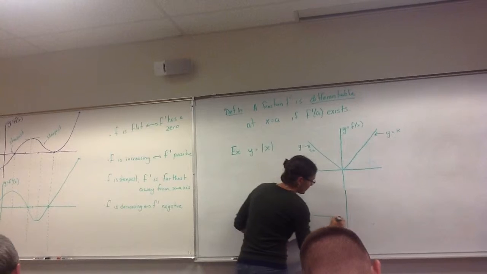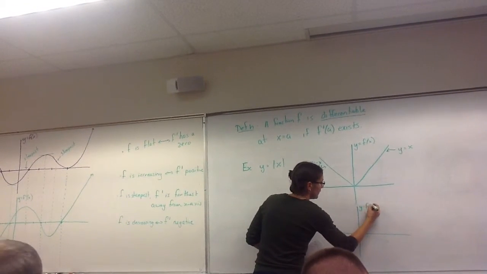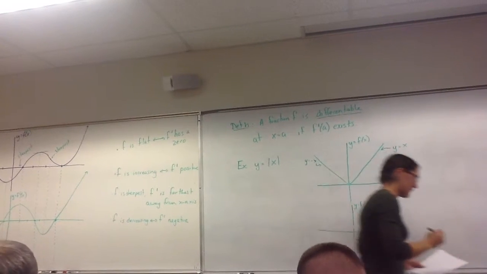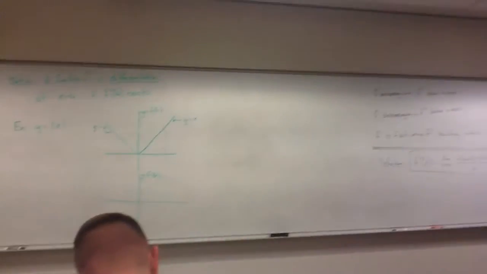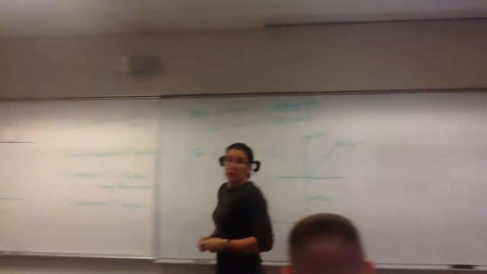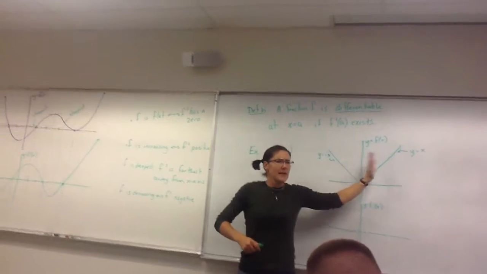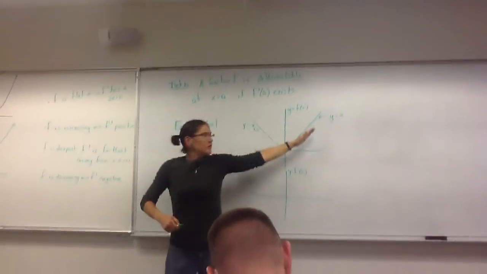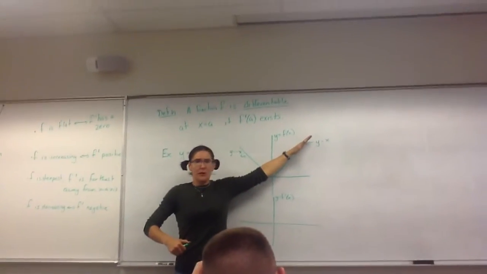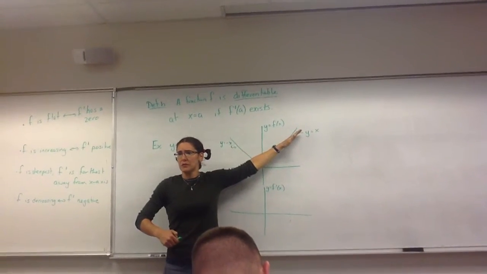And so if I try to draw a picture of the derivative, y equals f prime of x, now I'm going to ignore right at x equals 0 for a second and just look at the right-hand branch of my function. On this right-hand branch, that branch is described by y equals x. So what is the slope of that branch?